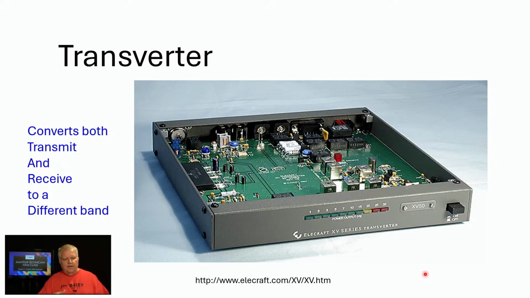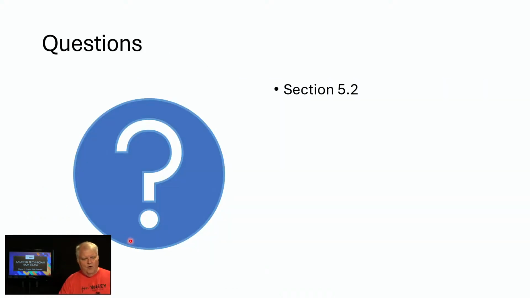And what it does typically, this is an Elecraft, is you tune your HF radio to the 10 meter band, and this will, for the 2 meter band for example, convert 2 meter signals down to the 10 meter band and convert your 10 meter signals up to the 2 meter band. So it's both for transmit and receive. Transverting converts those signals to a different band, making them for 2 meters and 70 centimeters and even into the microwave frequencies. All right, let's answer some more questions.